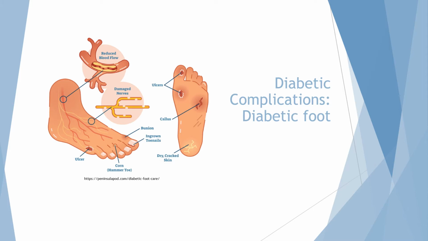The ulcers present in the weight-bearing area of the foot if it is neuropathic, and if it's ischemic, or due to lack of blood flow, it can be at the lateral ankle or the distal digit as its characteristic locations. Lastly, Charcot foot or diabetic neuroarthropathy can also present with diabetic foot. And Charcot foot is basically a unilateral, warm, swollen red foot, especially with long diabetes mellitus and peripheral neuropathy.